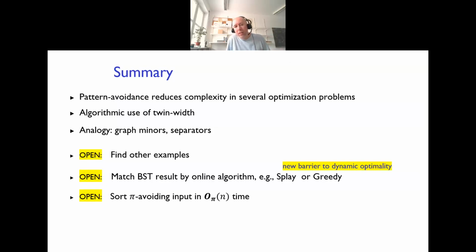And another question which we leave open is whether we can actually sort a pattern avoiding input in linear time. But this has been solved after our result by my co-author Michael Opler, so this is no longer open.